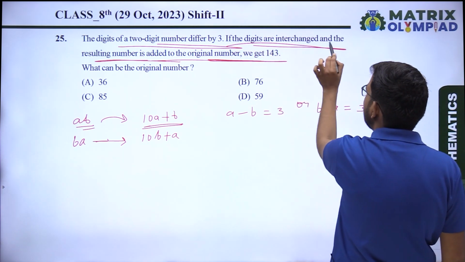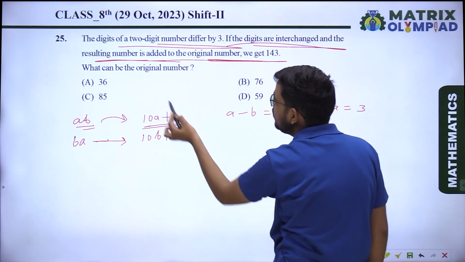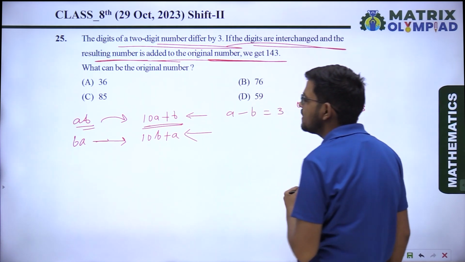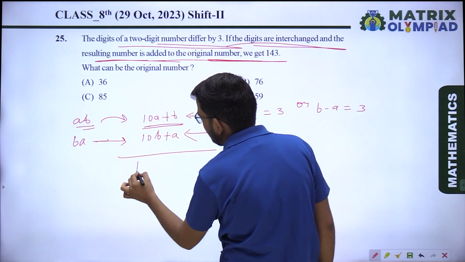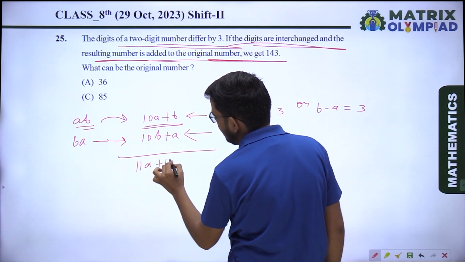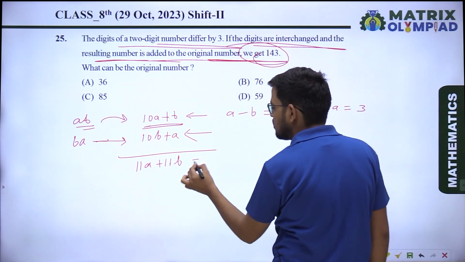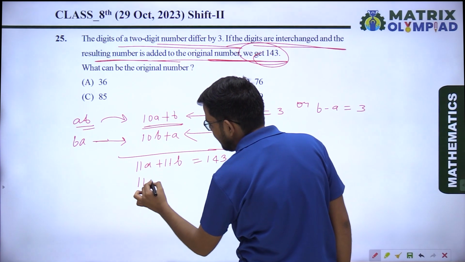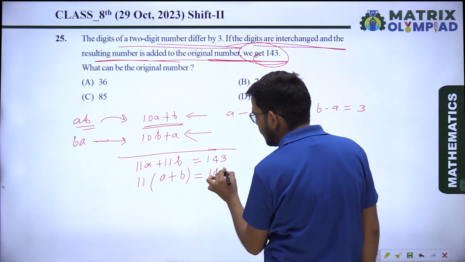If the digits are interchanged and the resulting number is added to the original number, this one is the original number, this one is the resulting number. When both are added, you are getting 11A plus 11B. We get 143. So when we take 11 common, that is 11 bracket A plus B equals 143.